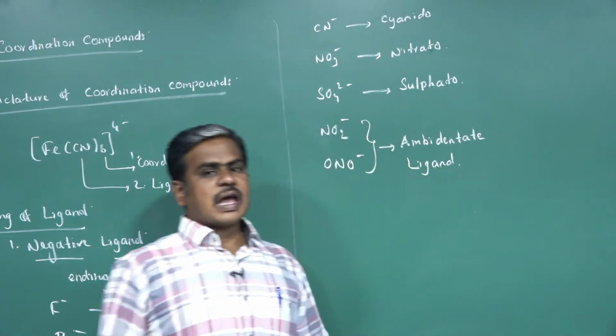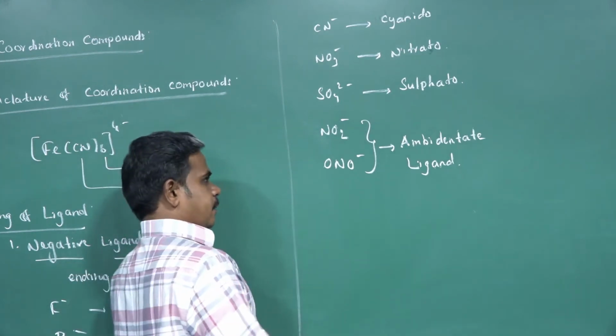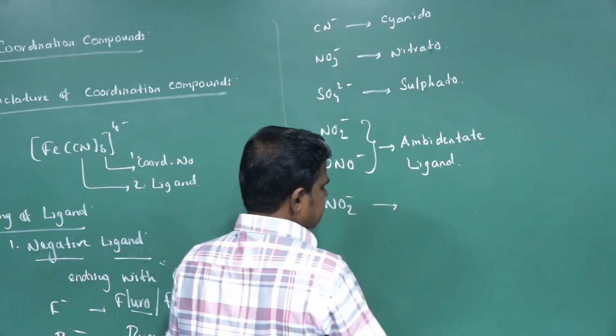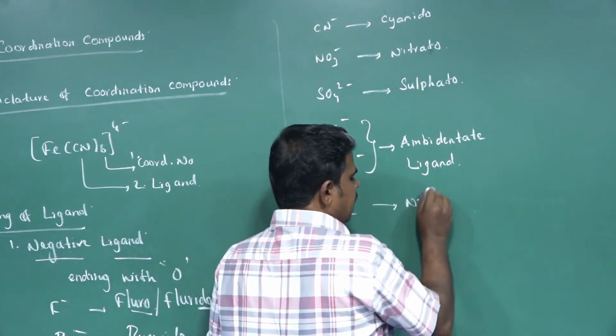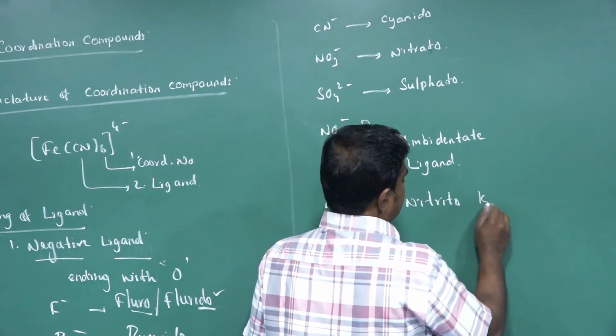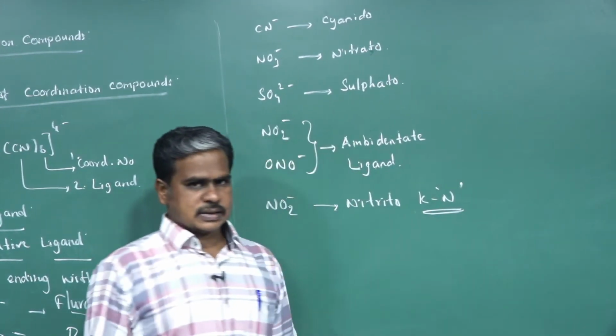And in the case of an ambidentate ligand, we use the term kappa, K. So if we are taking NO2 minus, then it is nitrito-kappa-N. Why are we doing like this?